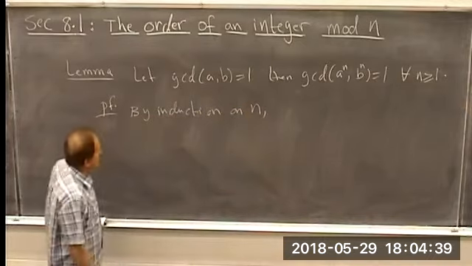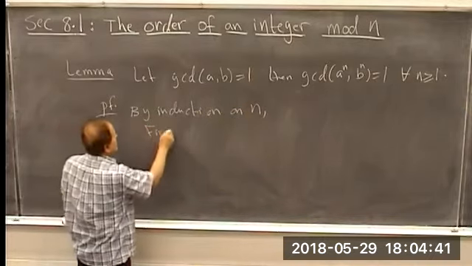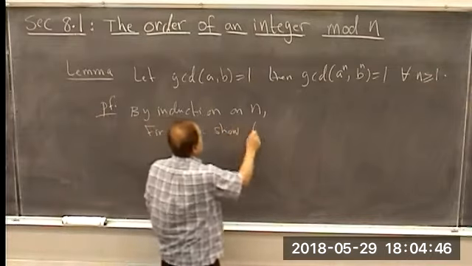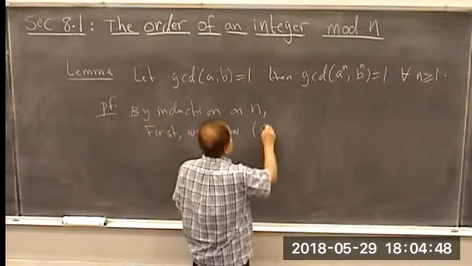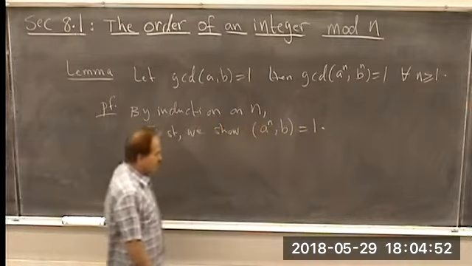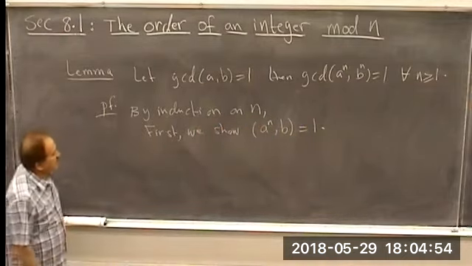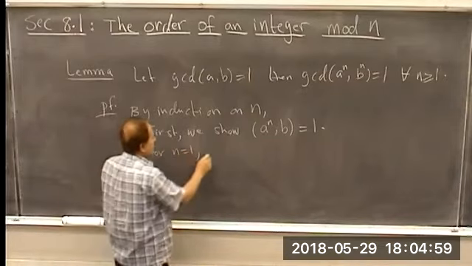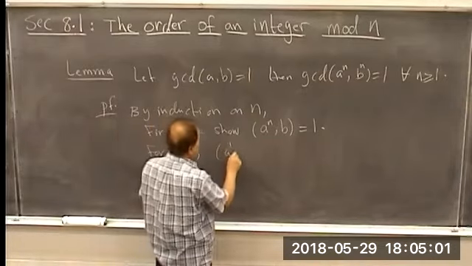And what we're going to show, first, we show the greatest common divisor of A to the n and B is equal to 1. For n equal 1, of course, the statement is true.